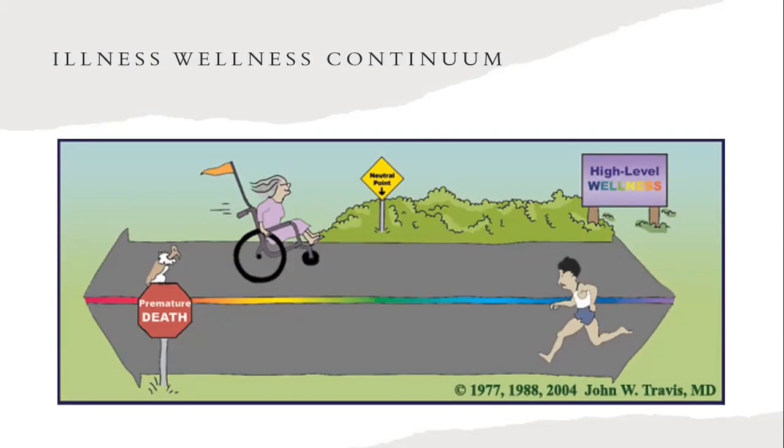Now, one student once said, well, we're all going in this direction no matter what, every single day. That's true. But there is a level of how well you are living, when we think about what health means.